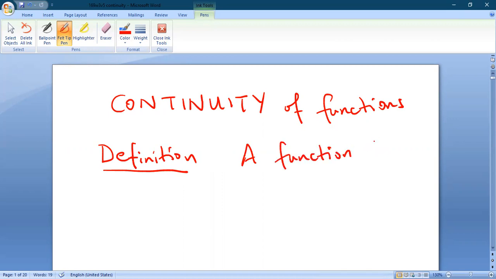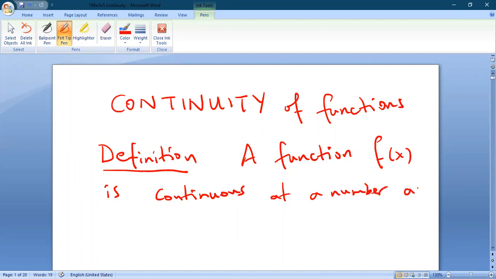A function f is continuous at a number a. So this time a must be in the domain. So we also care what happens at a. In the limit we don't care, but in continuity we care.